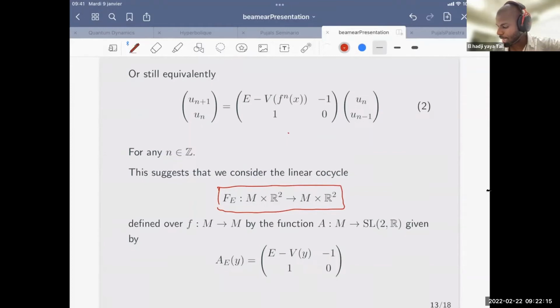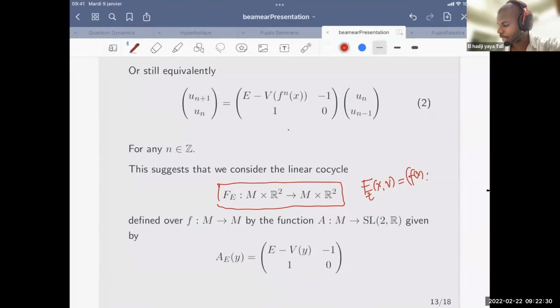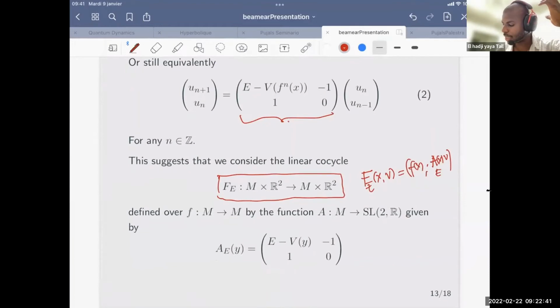And given (x, v), F_E(x, v) is equal to (f(x), A_E(x) v). f is the dynamical system, the map that we have that generates the potential, right? And as a second coordinate, you have A_E applied to v, where A_E is given by this matrix. A_E(y) is the matrix with rows (E - V(y), -1) and (1, 0), right?